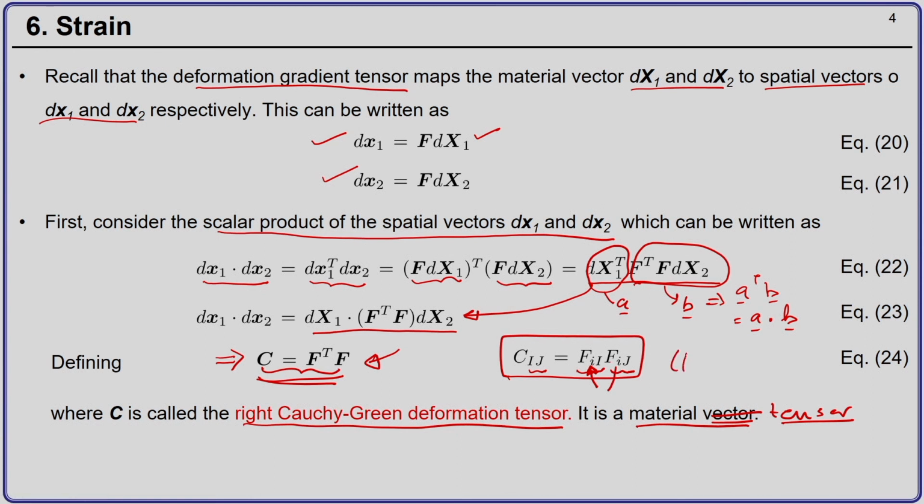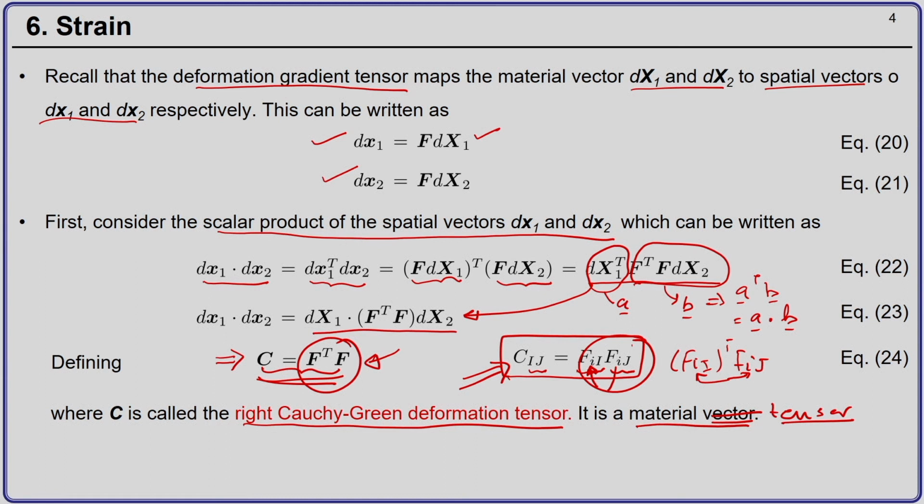So, I can write this as f transpose f, i j, which will make the i in the first f go to the right hand side, and therefore, this notation over here is same as this expression over here in the direct notation. Okay. So, this is the indicial representation of the direct notation which is given by equation 24.